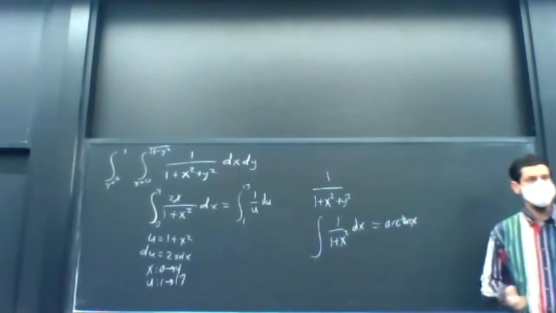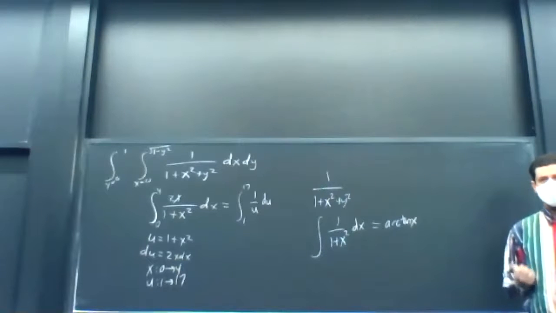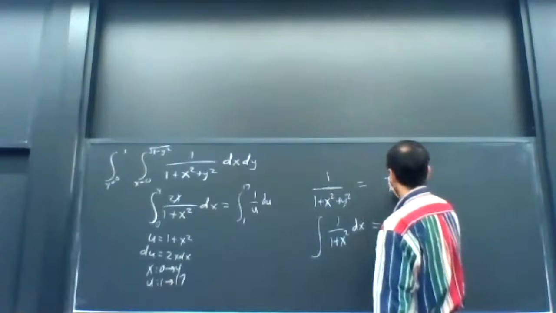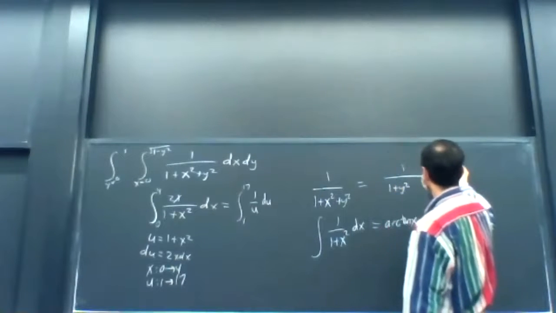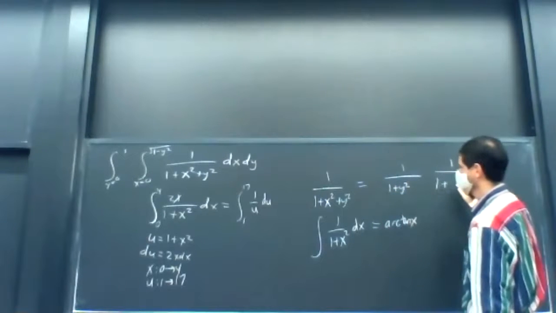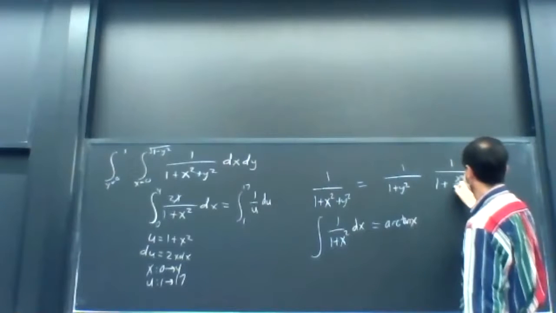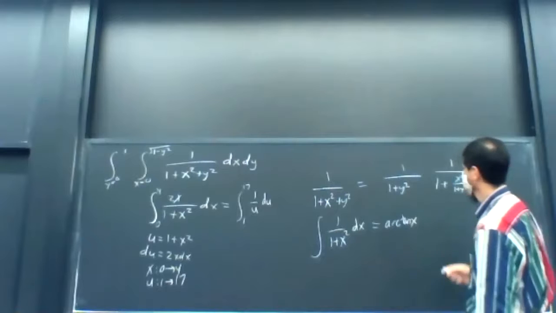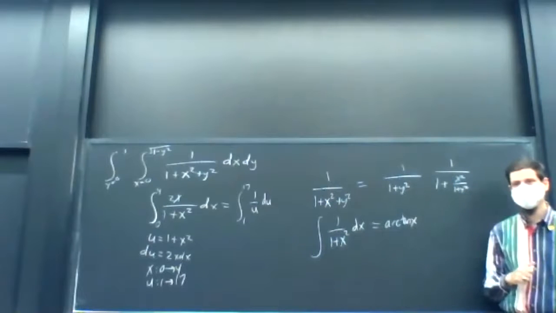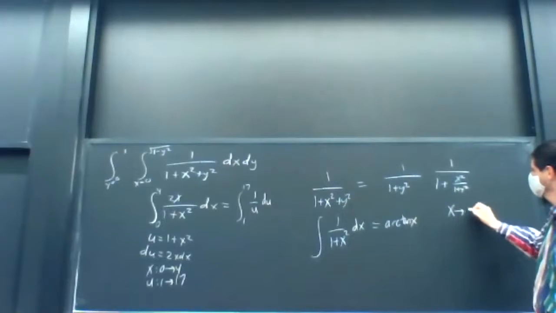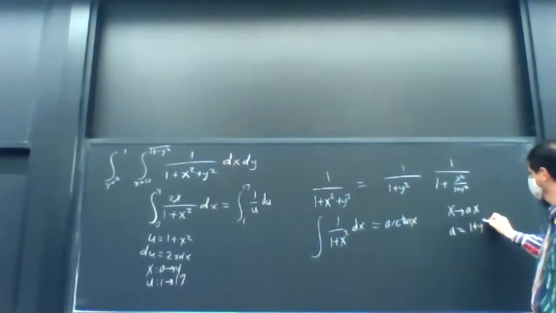So, if you would like a real algebra challenge, I can write this as 1 over 1 plus y squared times 1 over 1 plus x squared over 1 plus y squared. And then I would have to rescale x. I would have to send x to a times x, where a is the square root of 1 plus y squared.